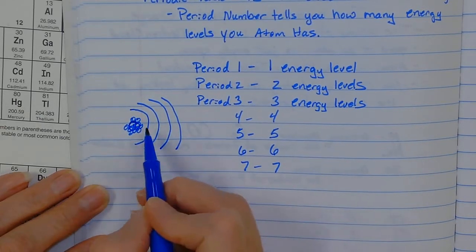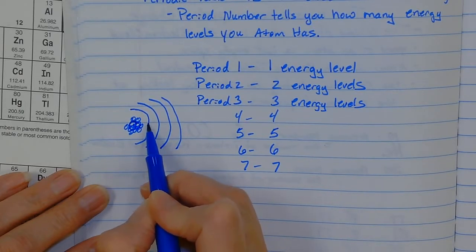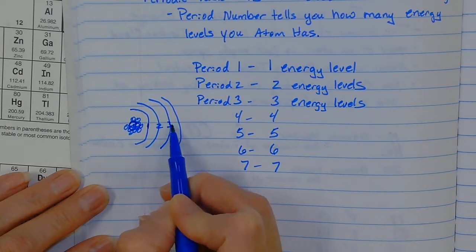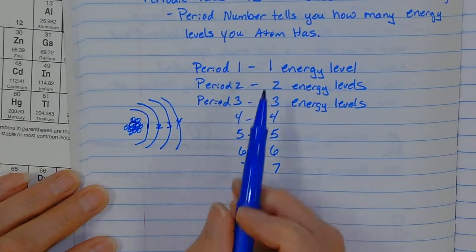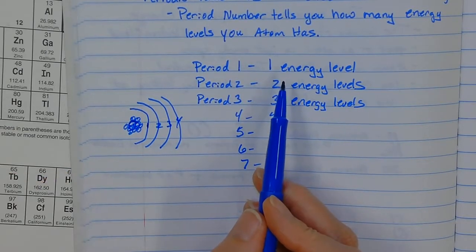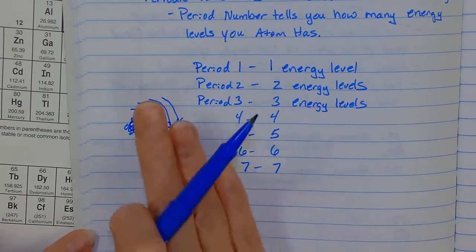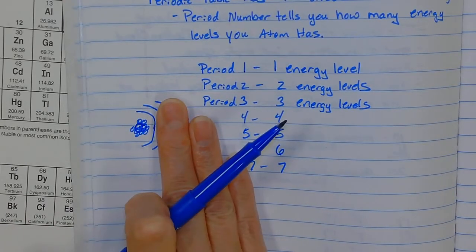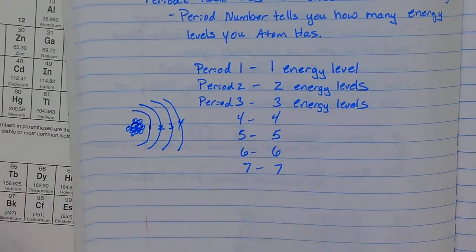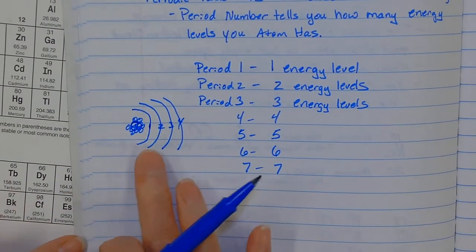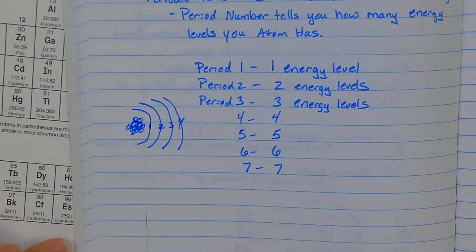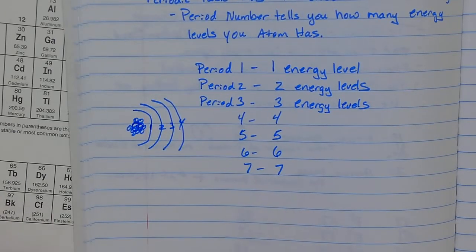Okay, so period 1, so this would be 1 energy level, 2, 3, 4. If you were drawing the model of any element within period 1, hydrogen or helium, you would only need 1 ring. If you were drawing anything in period 2, you would fill up the first 2 levels. Period 3, the first 3. Period 4, the first 4.